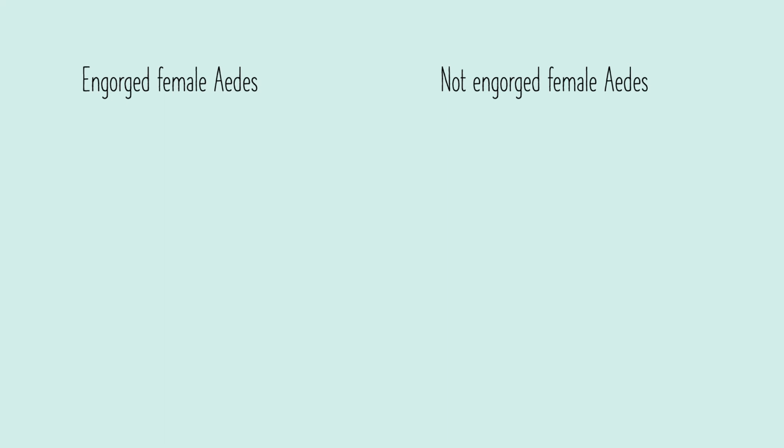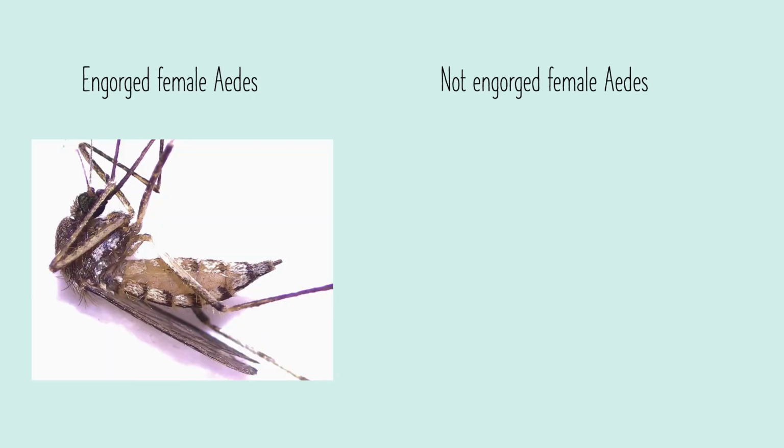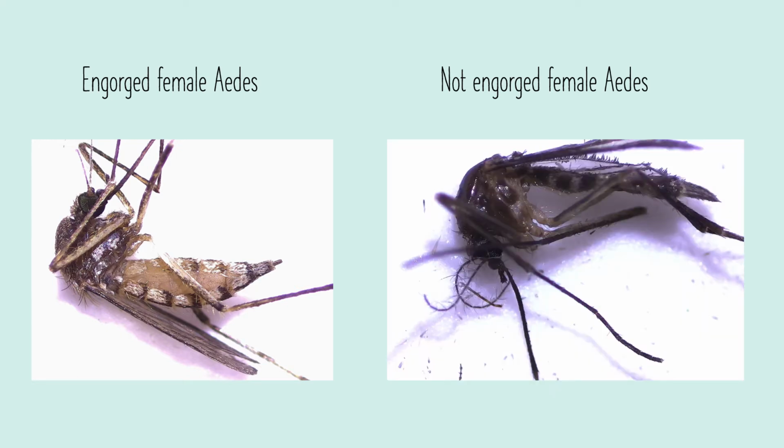After the mosquitoes were identified and labeled, certain mosquitoes that appeared to be engorged were given priority to be tested and were selected out of the group. You can see here the difference between two female Aedes mosquitoes. The one on the left appears to be engorged, while the one on the right doesn't.